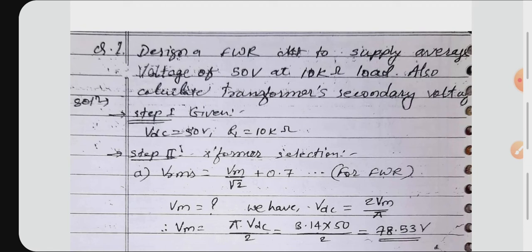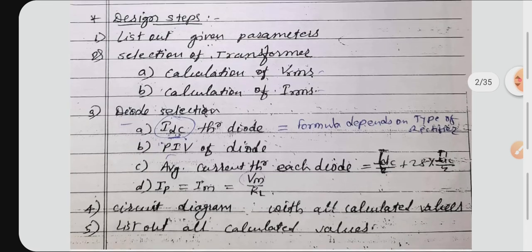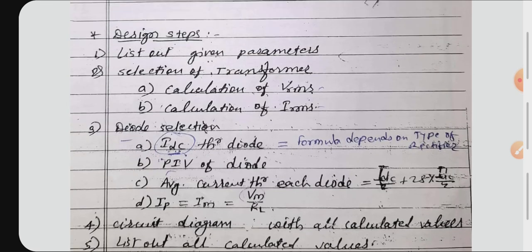First of all, you should select the transformer. For selecting the transformer, you should calculate the value of two parameters, that means VRMS and IRMS: root mean square value of voltage and RMS value of current, that means AC values of voltage and current.